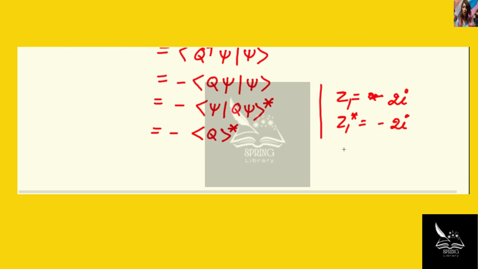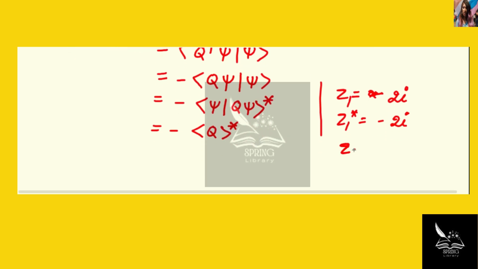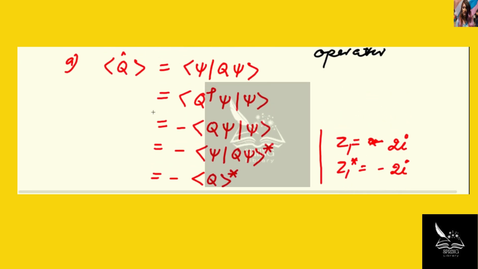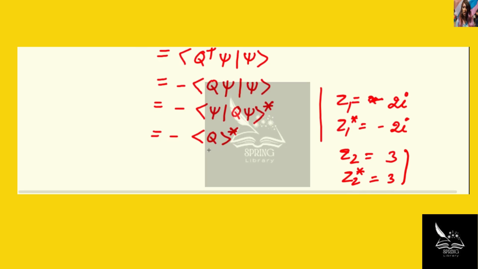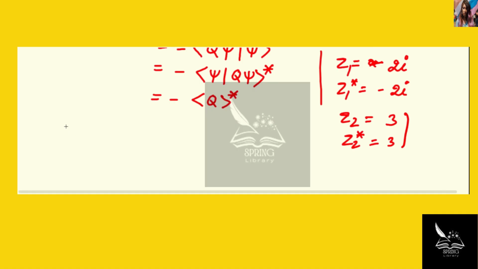If I take a real value, suppose z2 is equal to 3, then z2 complex conjugate will also be 3. So it is clear that the expectation value of Q is imaginary.